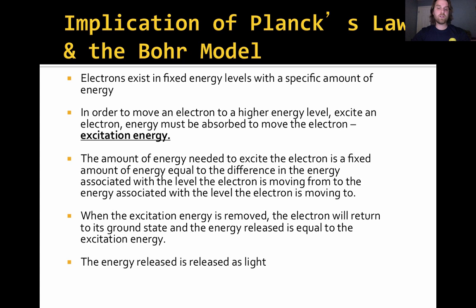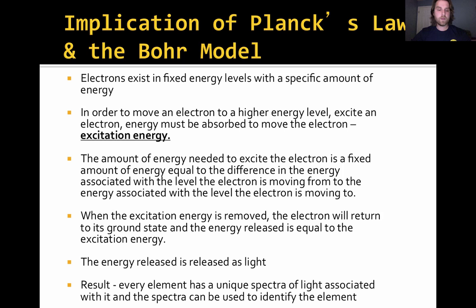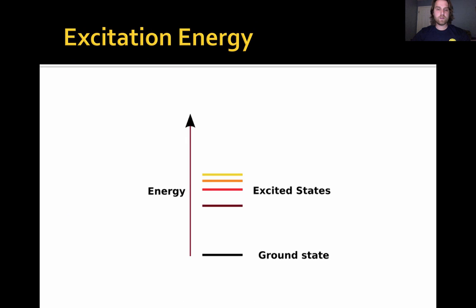And this energy is usually released as light, like we talked about the flame tests several modules ago, how different elements will give off different colors of light. So every element has a unique spectra of light, and you can usually identify the element based on what color light it gives off when this excitation happens. So you can see here's a ground state, and there's a few different colors of excited states of electrons that you might actually see.